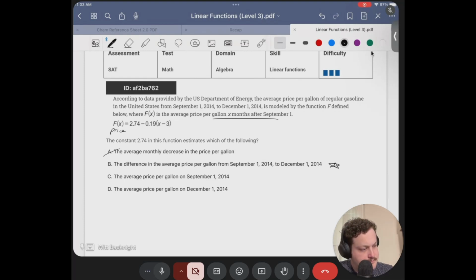The average price per gallon. Okay. f of x is defined as the average price per gallon x months after September 1st. Remember, this is like moving a function to the right 3 spots.